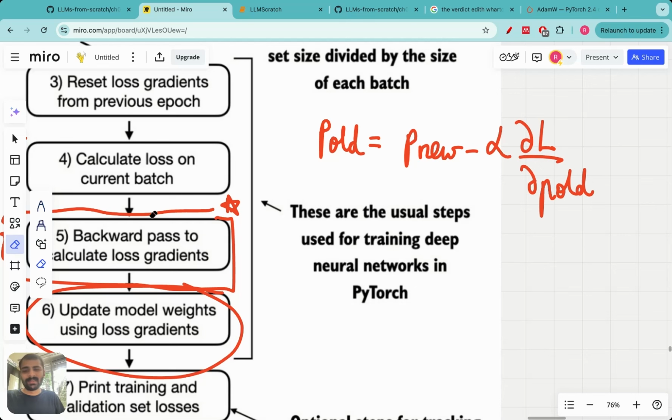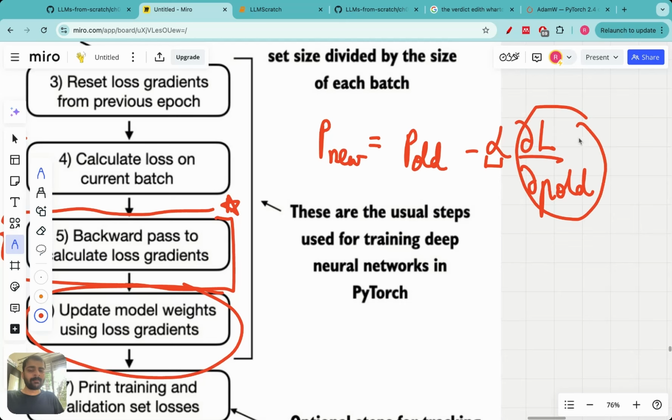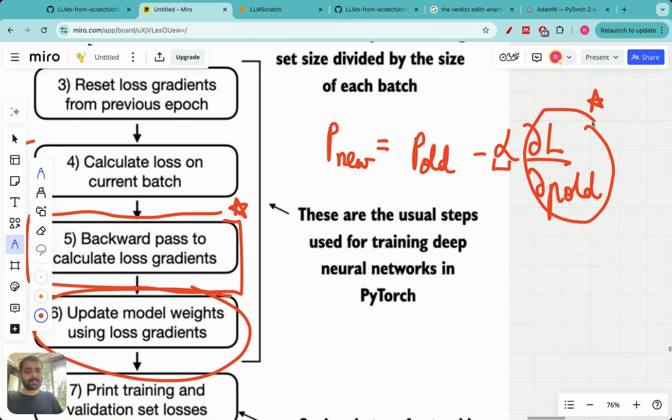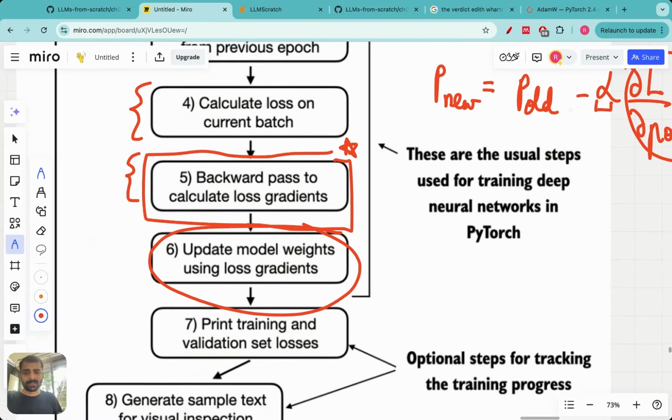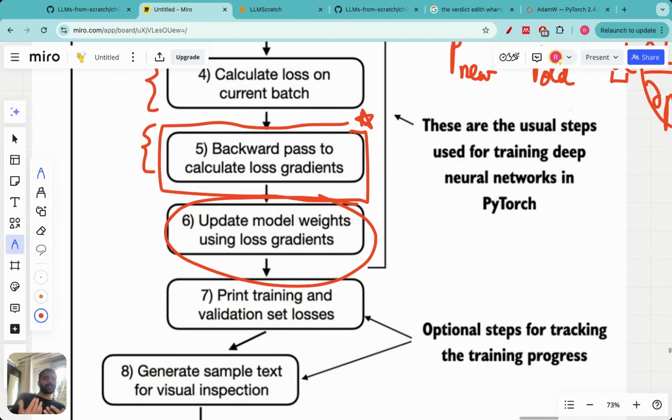Sorry, this should be the other way around. This should be p new. The new value is equal to the old value minus the step size times the loss gradient. Once we get these loss gradients, they will enable us to update all the parameters in our GPT architecture. And if your question is what are these parameters, I'm going to come to that in just a moment.